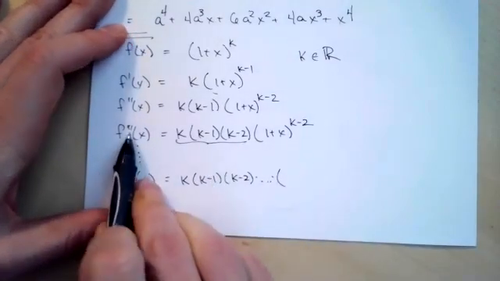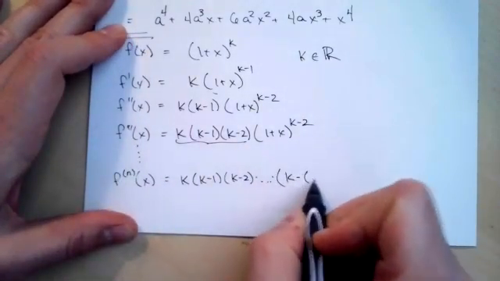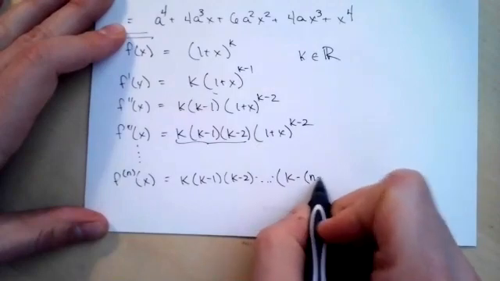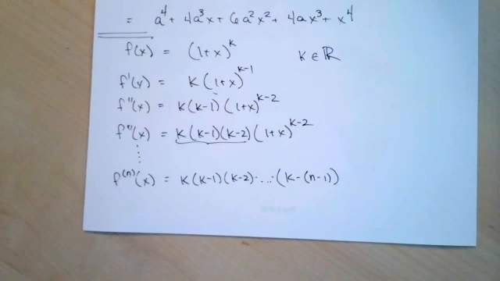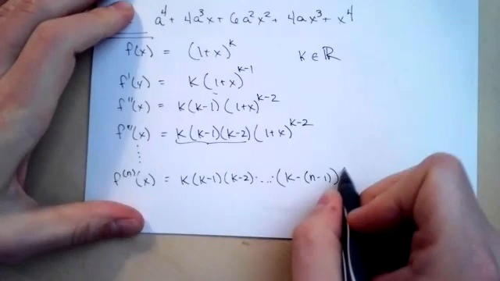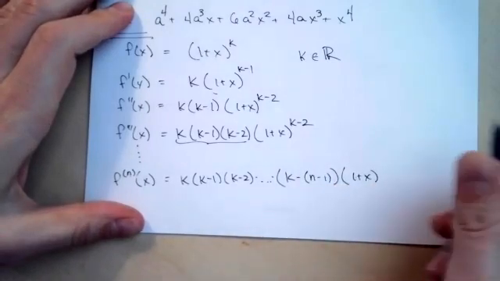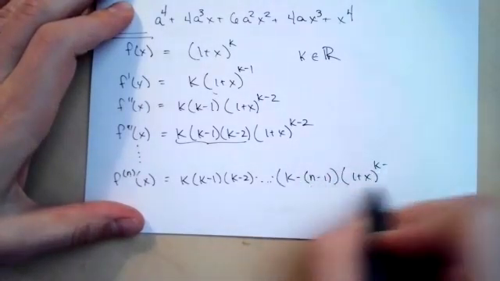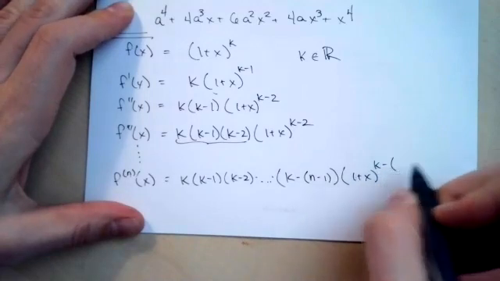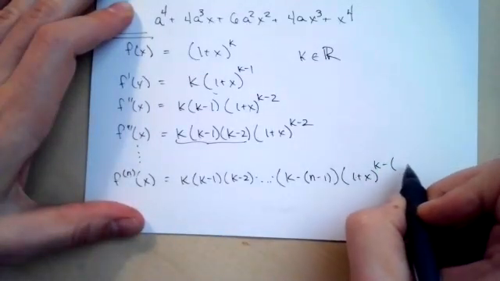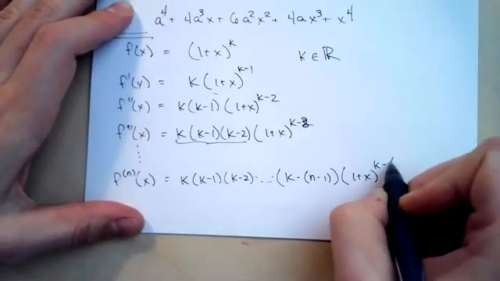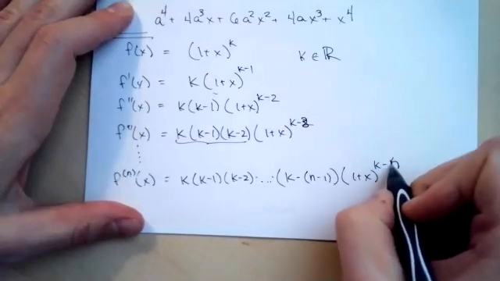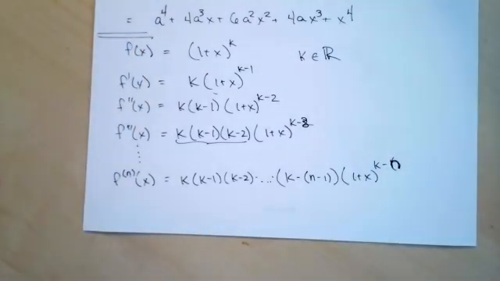But we're going to stop at k minus 1 less than the number of derivatives we're taking. And then we will have a times (1 plus x) to that same degree, k minus n, sorry, that should be a 3 there. So that one should just be k minus n would be the remaining degree on that.